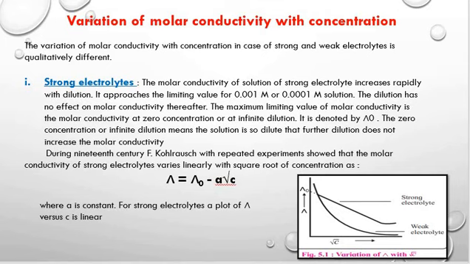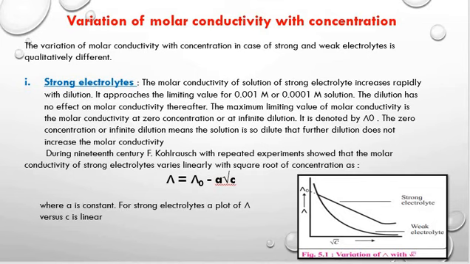Now, strong electrolytes. The molar conductivity of a solution having strong electrolytes increases rapidly when we increase dilution. It approaches its limiting value when the solution is 0.001 molar or 0.0001 molar. The dilution has no effect on molar conductivity thereafter.